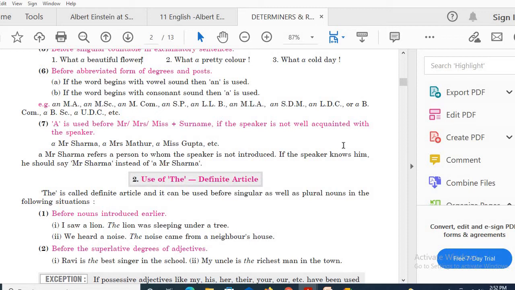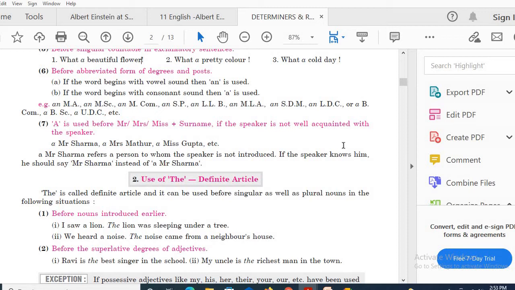Just like an MSc, an MA, an LLB, a BSc. While mentioning degrees and posts, we can say an MLA, it is a post, an SDM. So we are using the indefinite article.